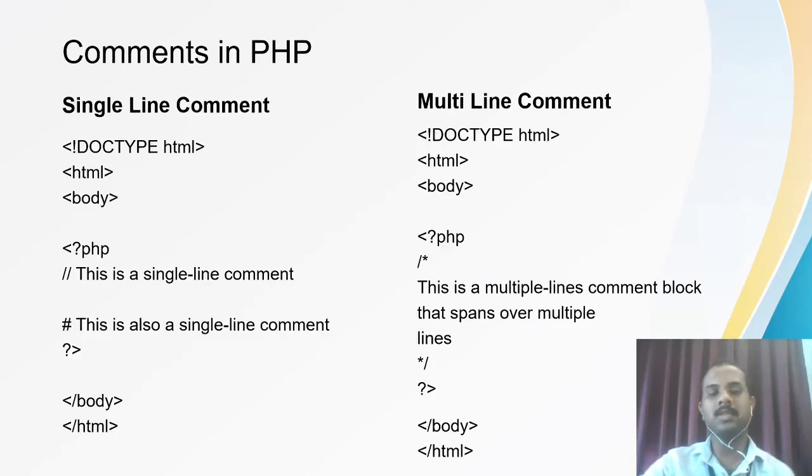Comments in PHP. Coming to comments in PHP, similar to C, we have single line comments and multi-line comments. A single line comment starts with two forward slashes. So you can write the comment like this. I am writing, this line is a single line comment, or you can use the hash symbol also, then I can write the comment.